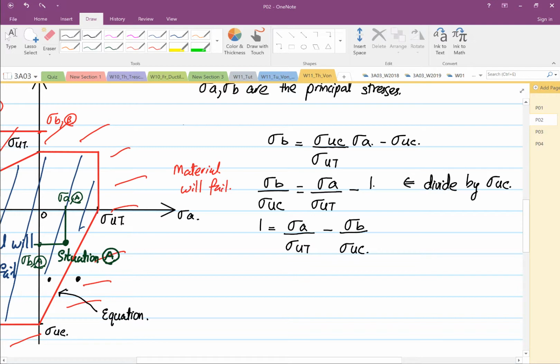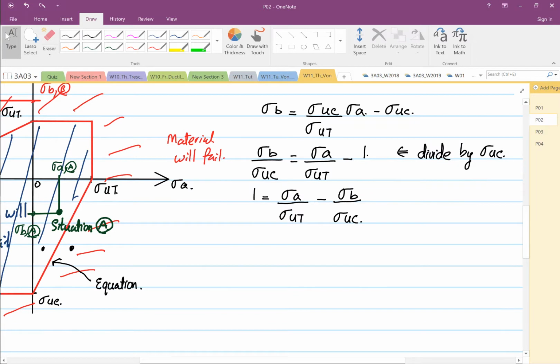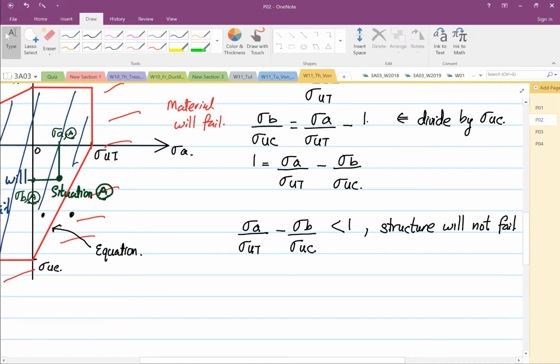If we look at this expression now, if stress A over stress ultimate tensile minus stress B over stress ultimate compression is less than 1, the structure will not fail.